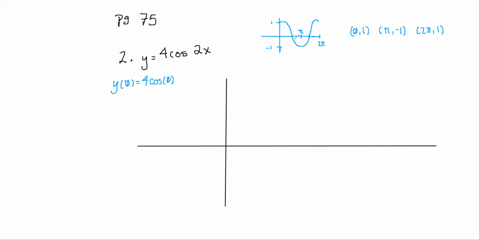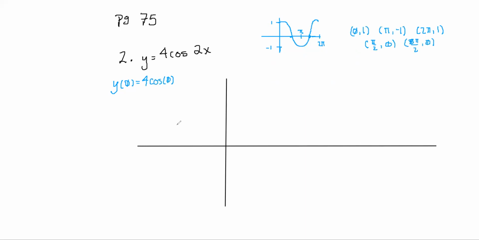Okay, we also know that there are points halfway between them, so those points include pi over 2, 0, and 3 pi over 2, 0.